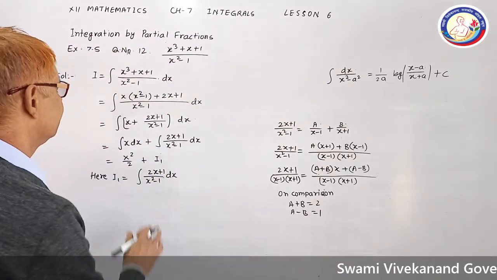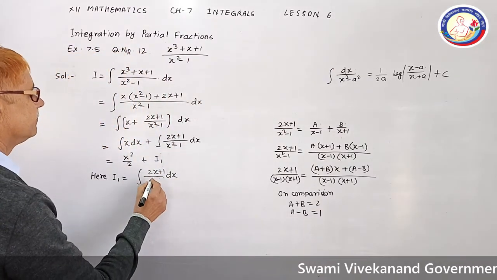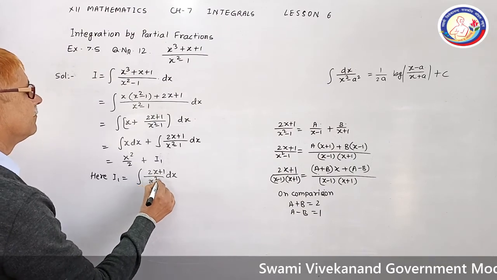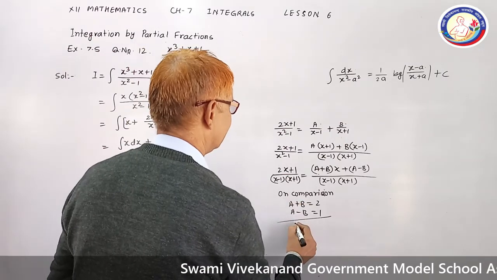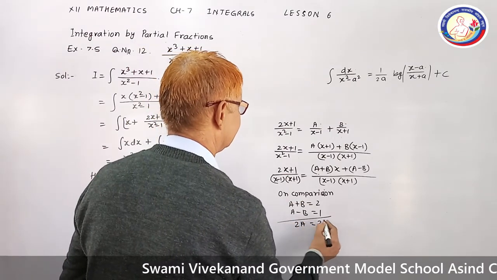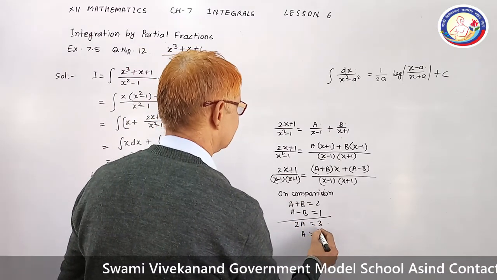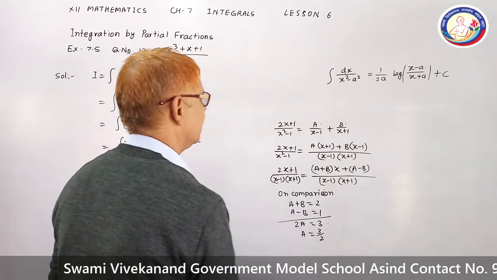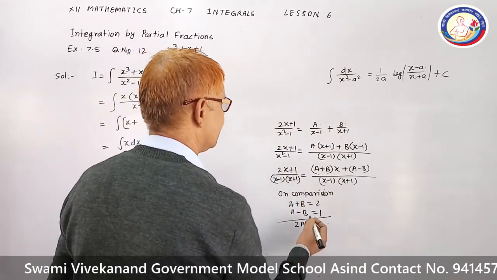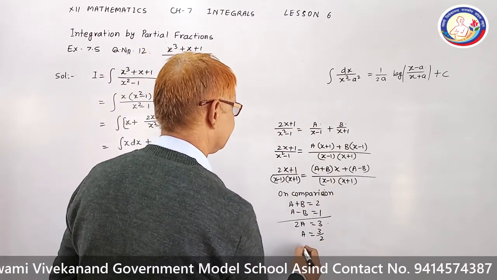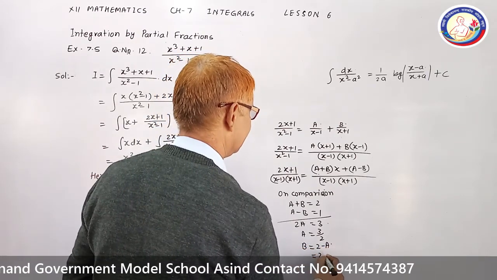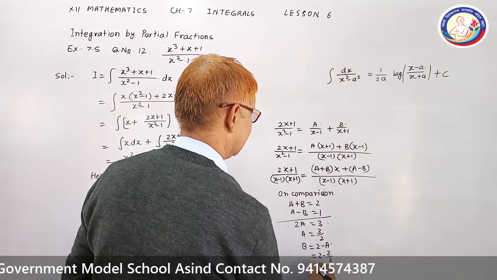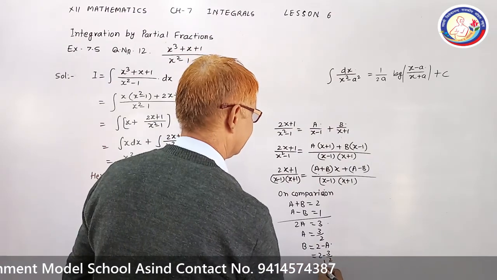I1 is this. So on addition we will get 2a equal to 3 and a equal to 3 by 2, and then b equal to 2 minus a, that is 2 minus 3 by 2, it is 1 by 2.